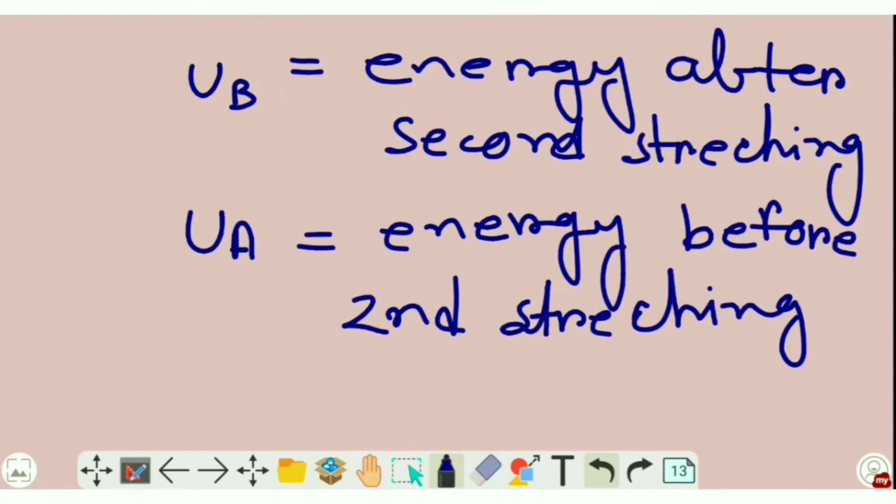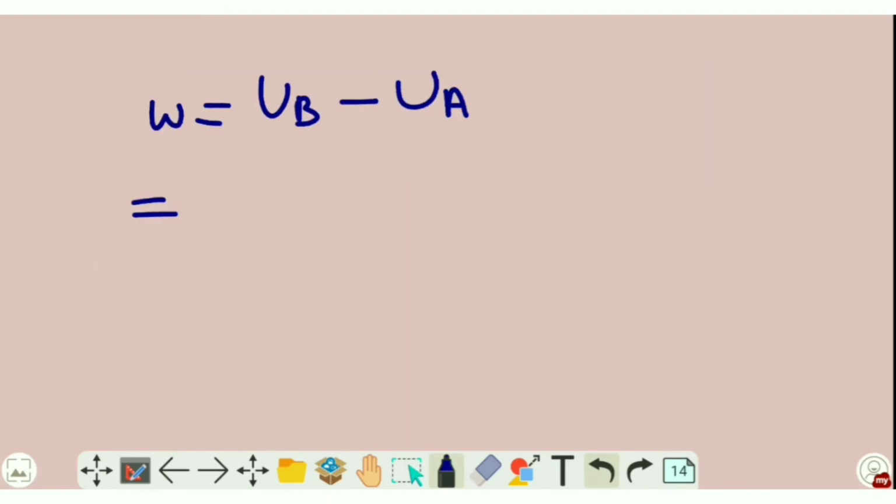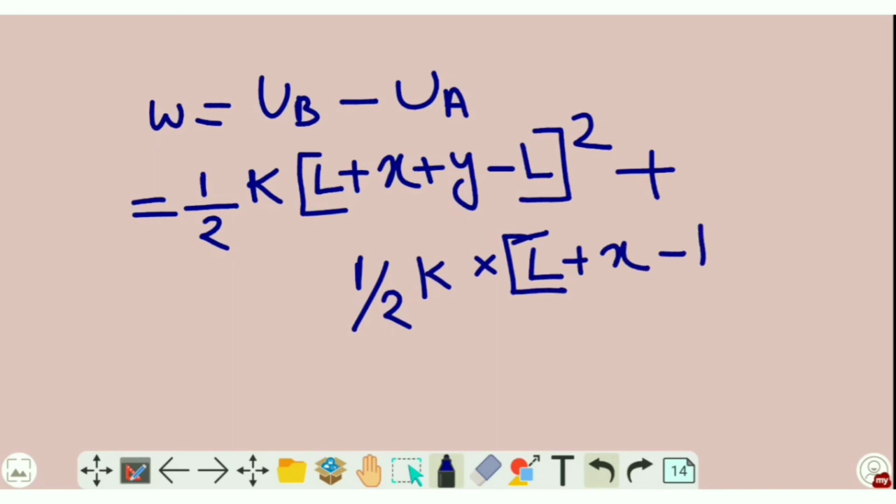Now energy after the second stretching: here the stretched length of the spring is L plus x plus y, and in A position the stretched length is L plus x. So UB is equal to half K, the change in length. Change in length is what? L plus x plus y minus L, whole square, minus half K into the change in length square, so L plus x minus L, whole square.